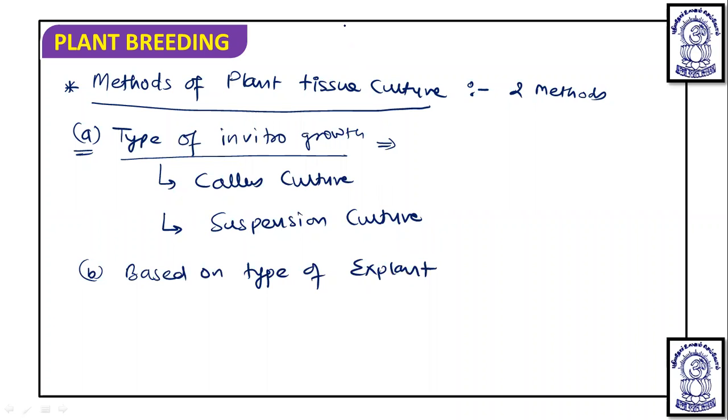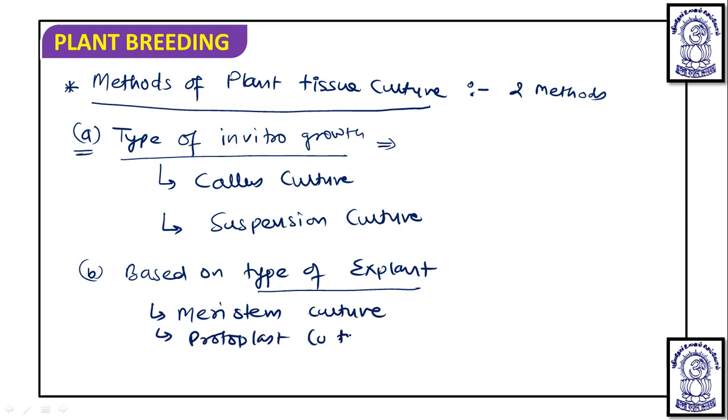If we study based on the type of explant taken, here we will study meristem culture, protoplast culture, embryo culture, etc. So first we are going to talk about the type of in vitro method, and in this we are going to discuss callus culture and suspension culture.